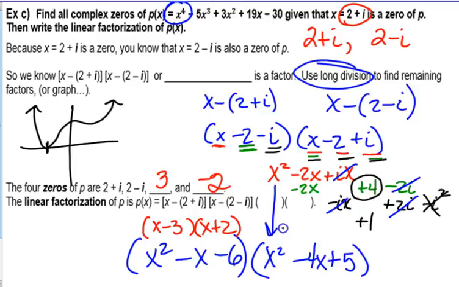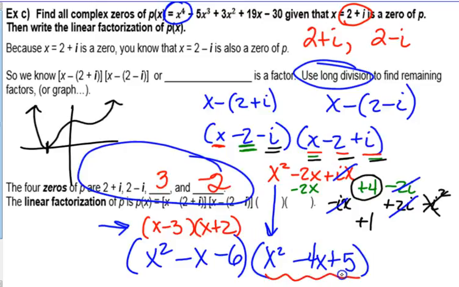The linear factors, guys, if these are the 4 zeros, here are 2 of the linear factors, x minus 3 and x plus 2. The other 2 are from this, and that didn't factor nicely.